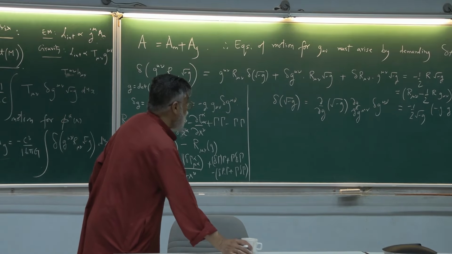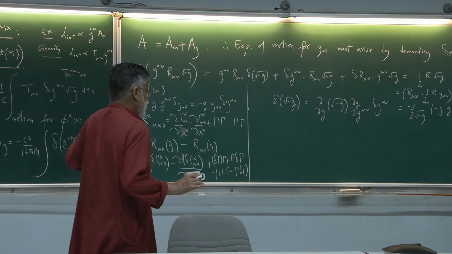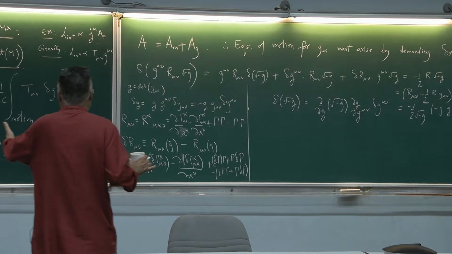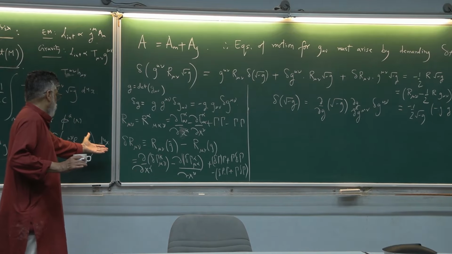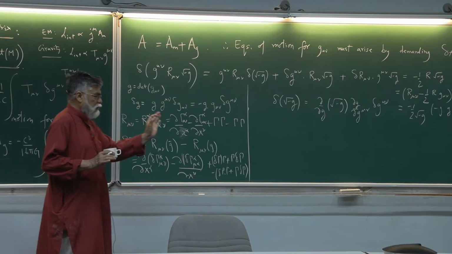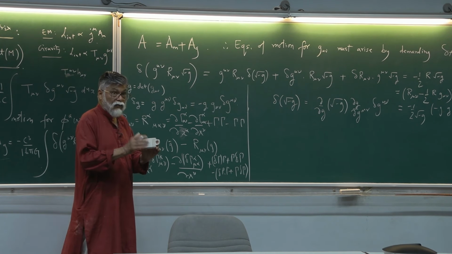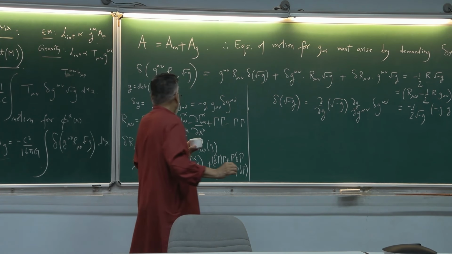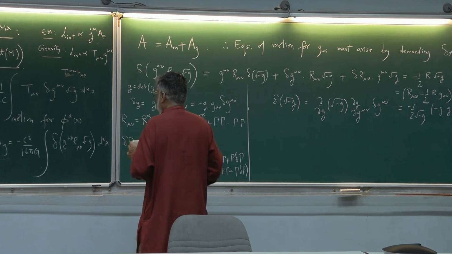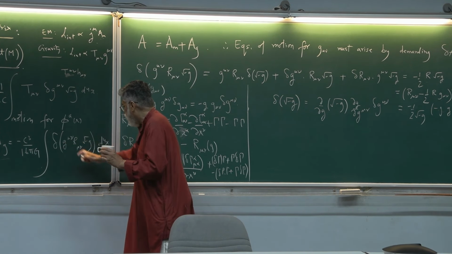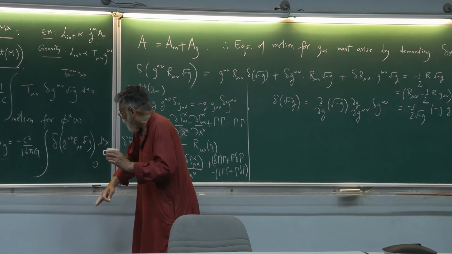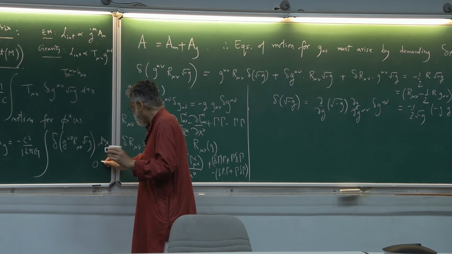That you can always go to a local inertial frame, but before that I must tell, remember these are all in the integral sign. So we will say that look, we are integrating over the 4-volume element. Take one 4-volume element, it is integrated over entire space time. Consider one small 4-volume element.